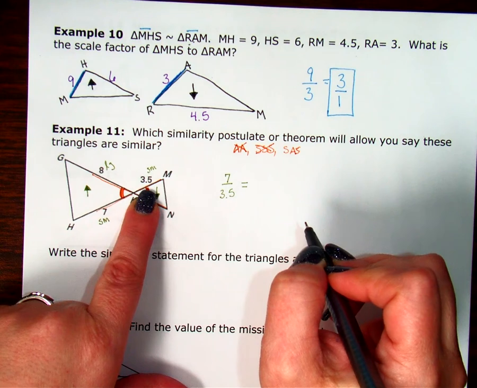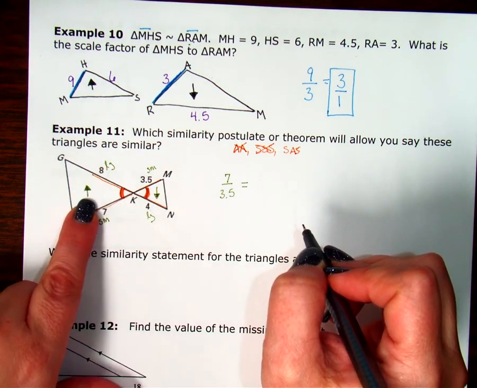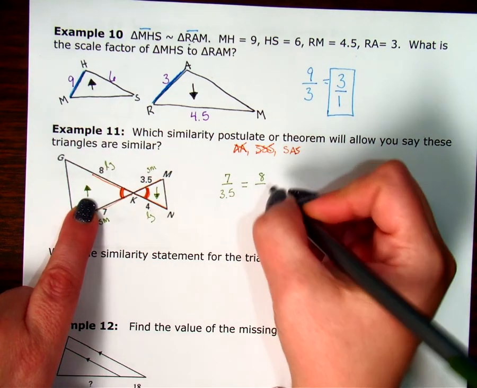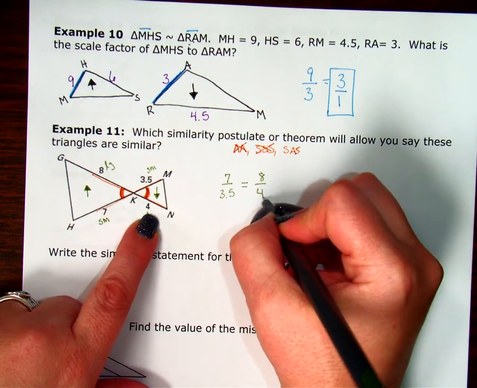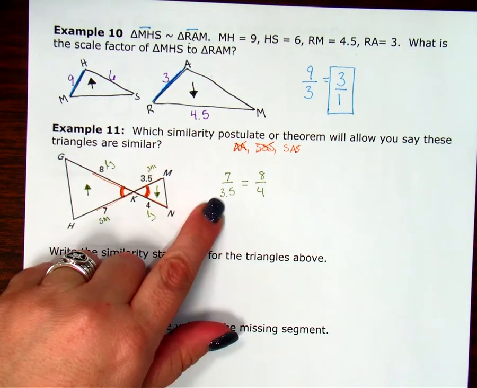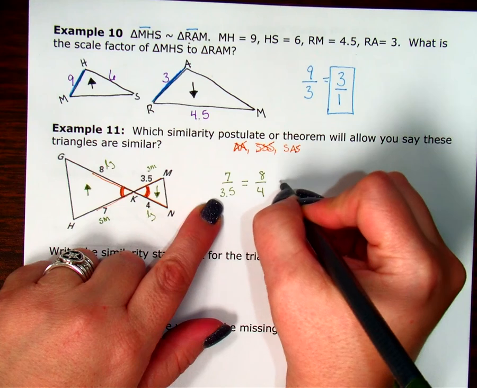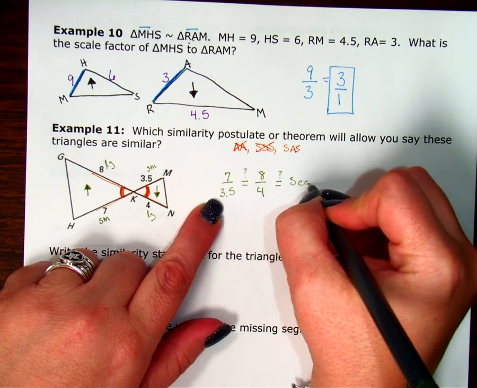Equals, okay, so now when I do the other one, my long from my up triangle is 8. And my long from my down triangle is 4. Okay? Now, if you have a hard time reducing fractions with decimals, because we want to make sure that these are equal, are these equal, and do they equal a scale factor?